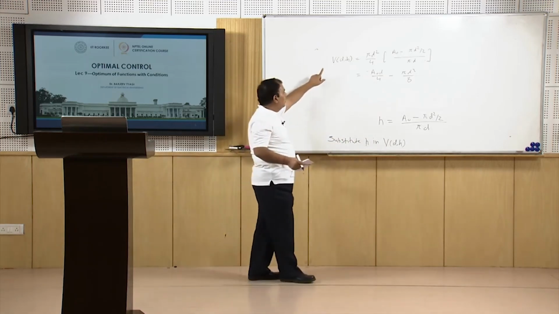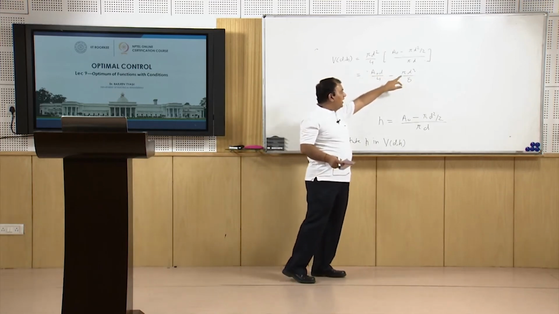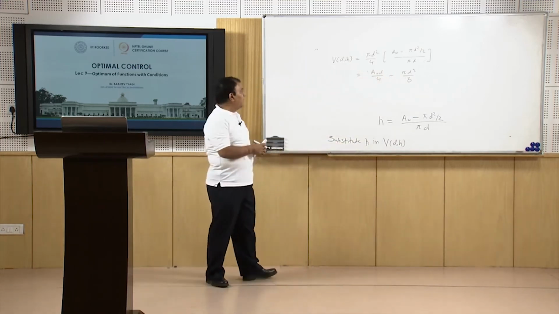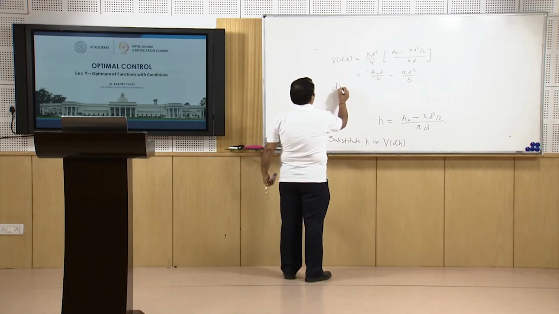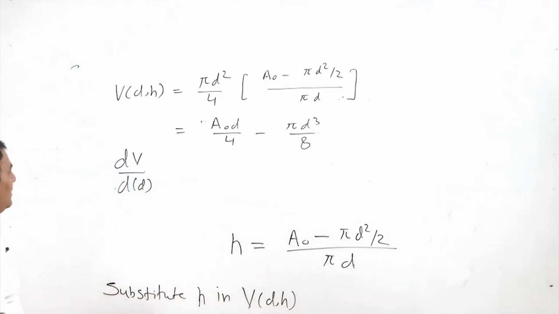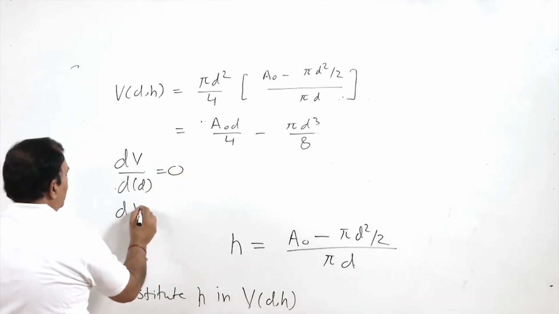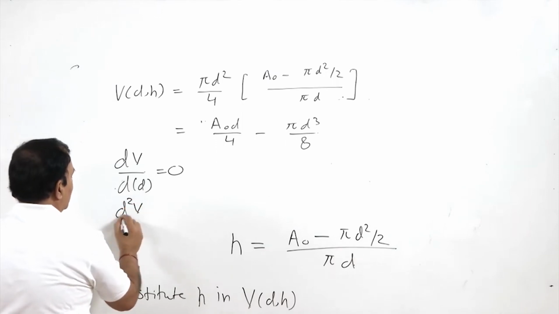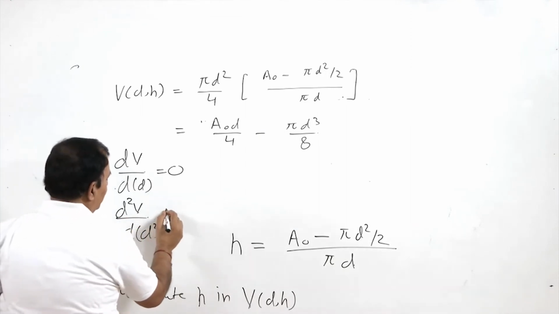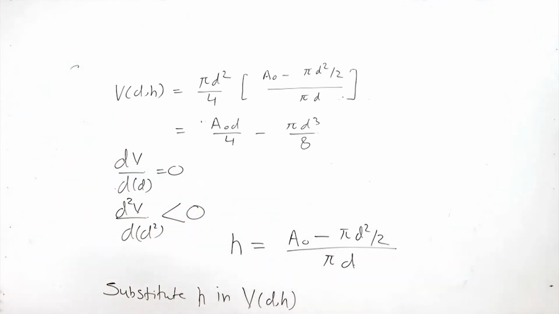I have to maximize V and find out the value of d which will maximize my V. So, simply I can say dV by dd, where d is the diameter, must be equal to 0, and d square V by dd square is less than 0. So, this will be the maximization problem.